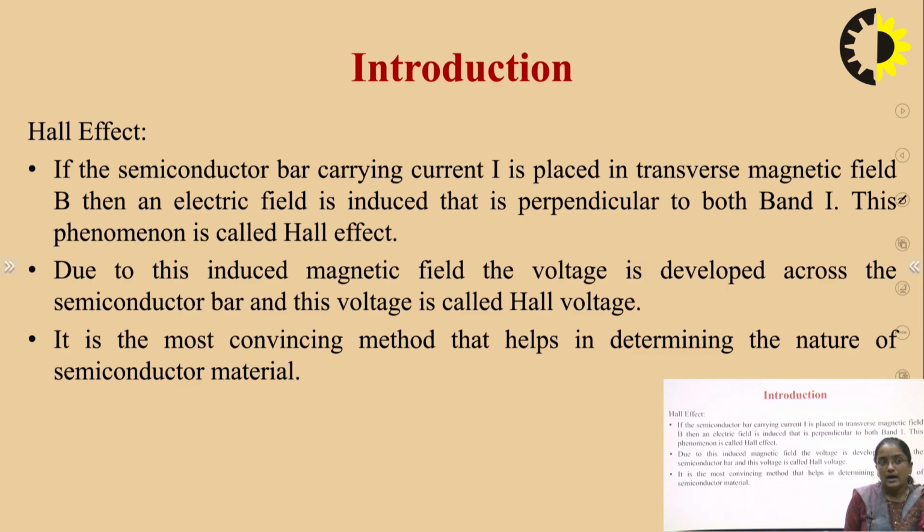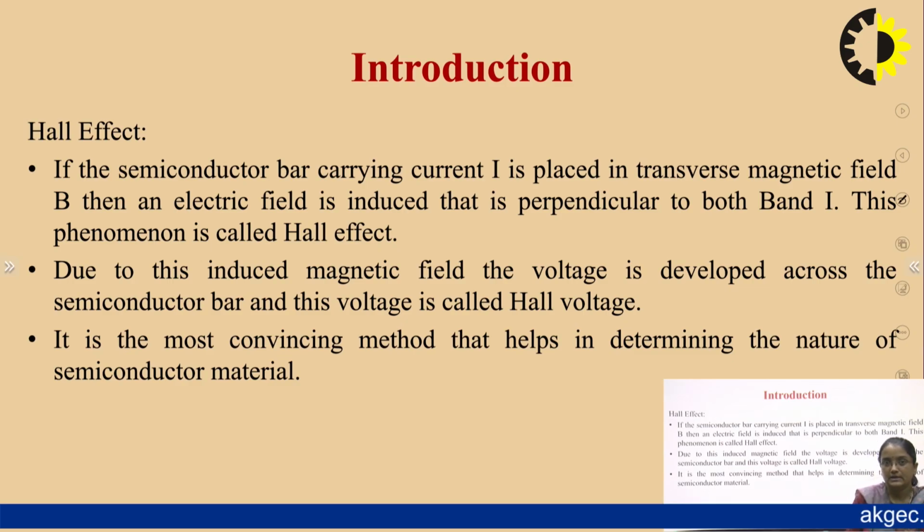So one of the advantages we are getting is that we are able to determine the carrier concentration, and the second is that we are able to find out the type of the semiconductor material, whether it is N-type or P-type. That's why it is the most convincing method that we are using for determining the nature and the type of semiconductor material.